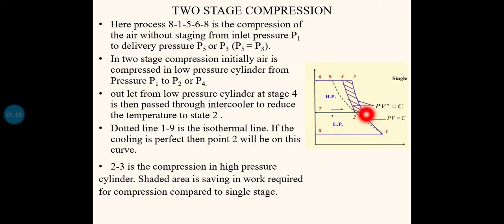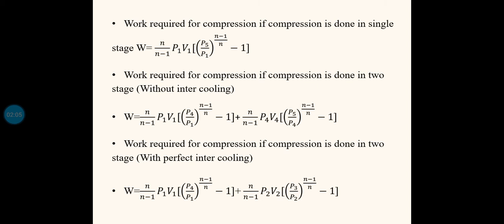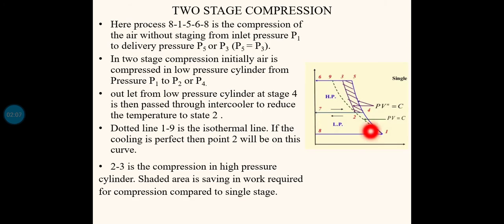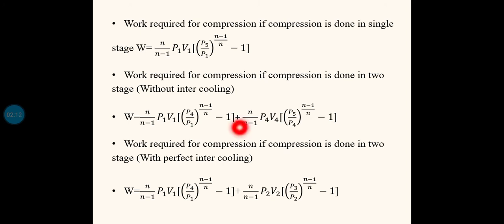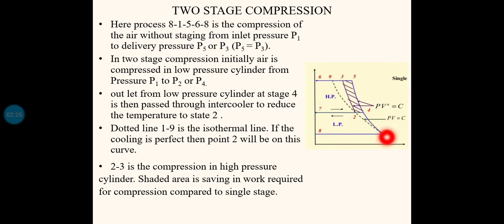For that we can write the work requirement as W equal to n by n minus 1 P1 V1 into (P4 by P1) raised to n minus 1 by n, minus 1. Since the final pressure in the first stage is P4, P4 by P1 comes here, plus. The compression is up to here, and that much work we have written in the equation.